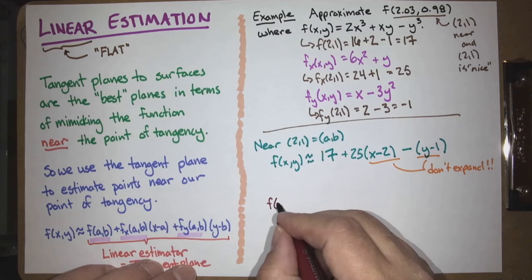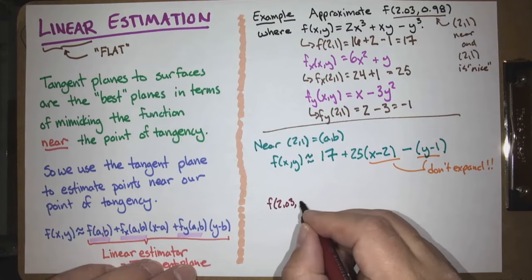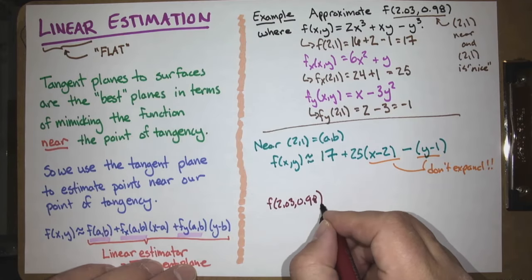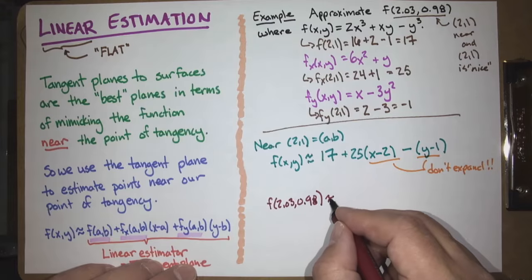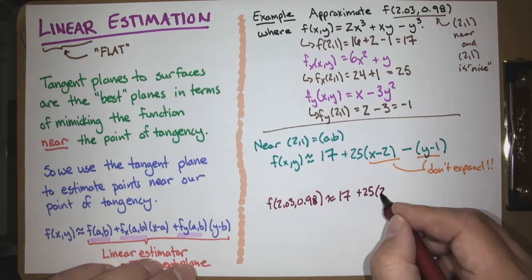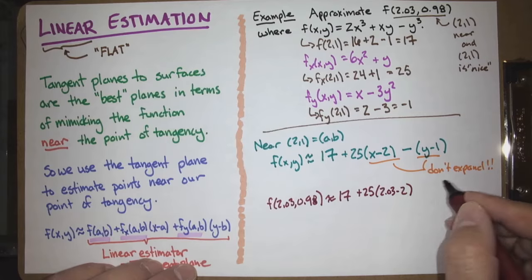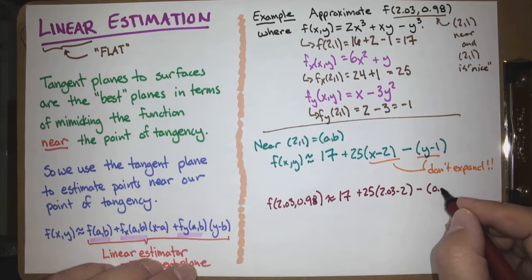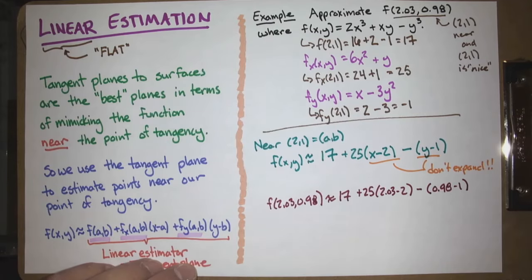So f of 2.03, 0.98 is approximately 17 plus 25 times 2.03 subtract 2, minus 0.98 subtract 1.